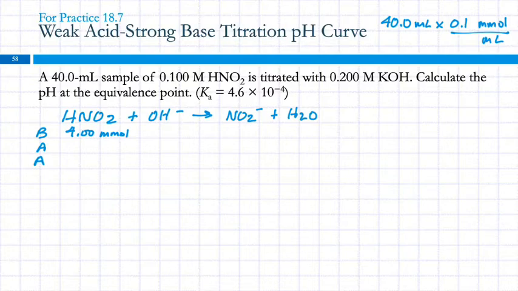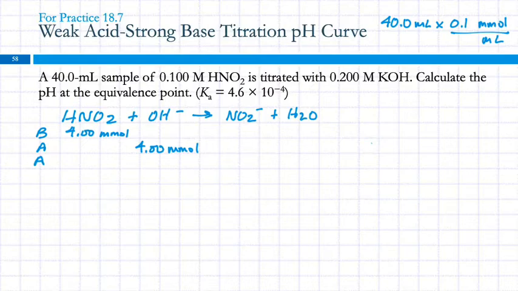At the equivalence point of a titration, we've added equal moles of base to the acid, right? So if our initial sample had 4 millimoles of acid, then at the equivalence point we have added 4 millimoles of hydroxide per the definition of the equivalence point.